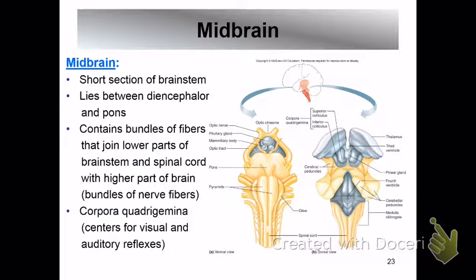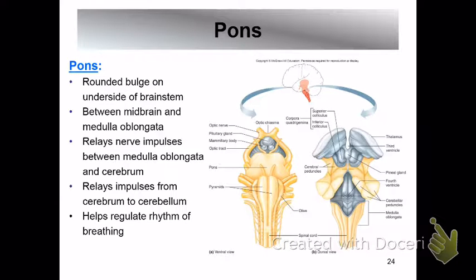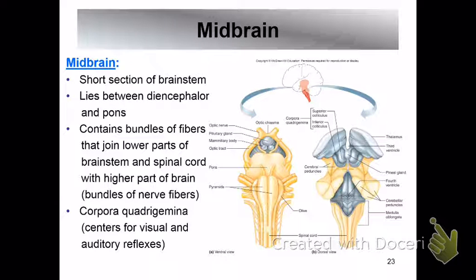Okay, here's your brainstem. And we know that the brainstem is made up of the midbrain, this rounded bulge called the pons, and the medulla oblongata. So 3 parts to the brainstem. Make sure you can identify those for lab too. Okay, what does the midbrain do?